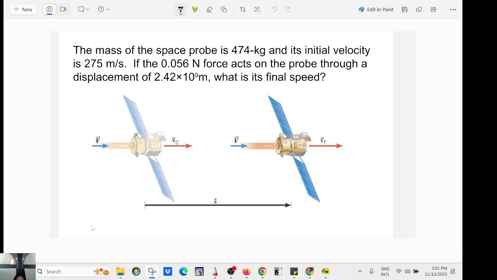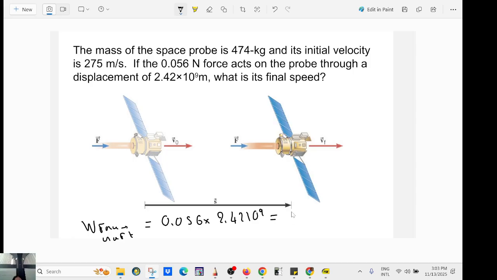So the work done by the thrust on the craft, the spacecraft, will be equal to the work done, which is the force, 0.056, times the distance, 2.42 times 10 to the 9.